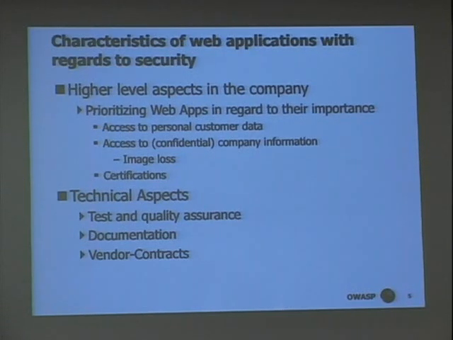And then the technical aspects, of course, test and quality assurance. You make sure that you actually start with security right in the development using some static source code analysis tools. There are a few good tools around, and if the tools work correctly and do their job really well, they should help you get a rule set for the web application firewall out of the box.